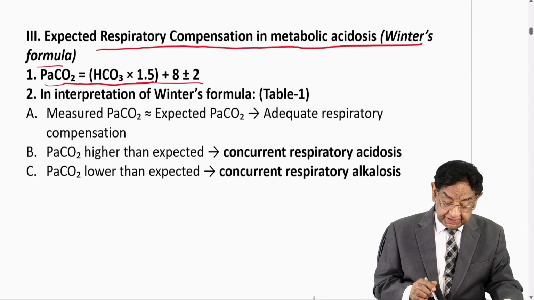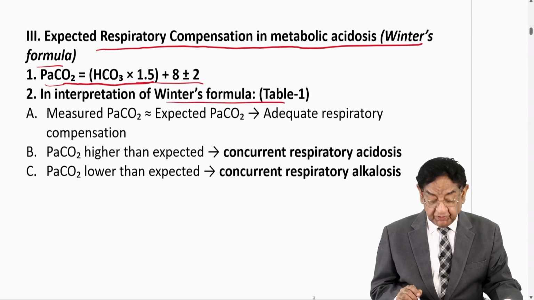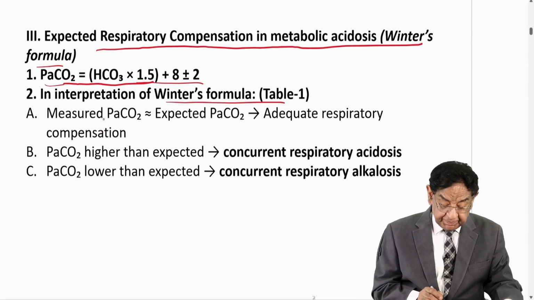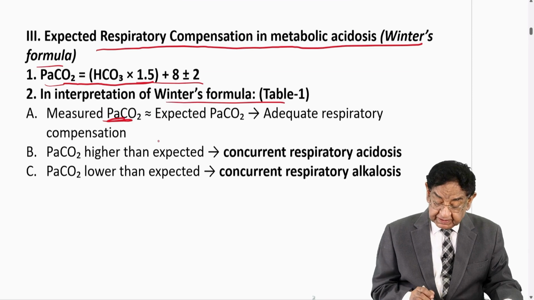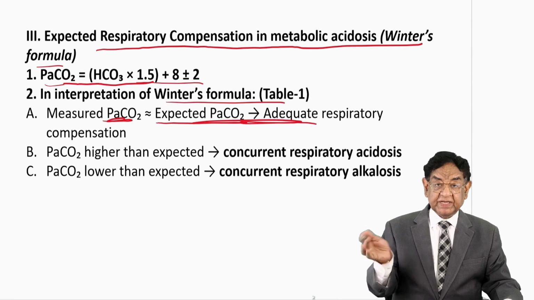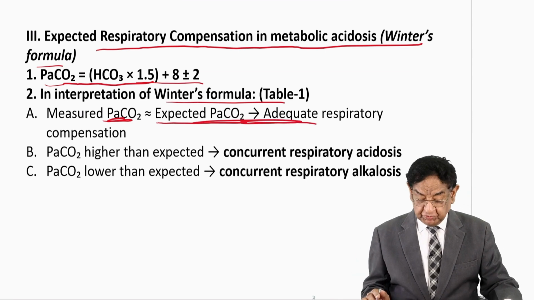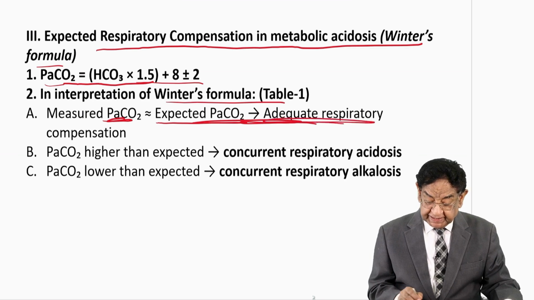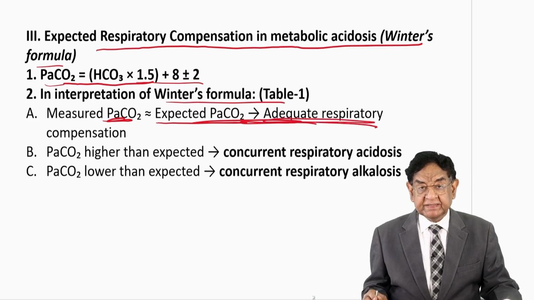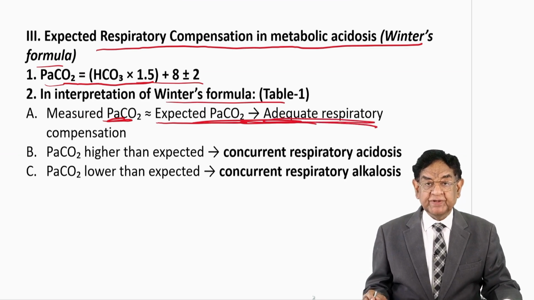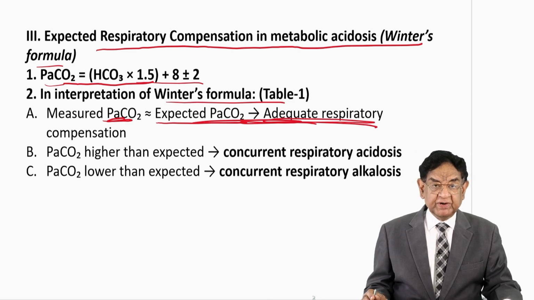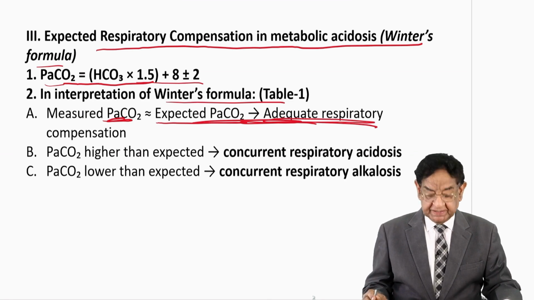So interpretation of the Winter formula is as follows. If measured PaCO2 is within the range of expected CO2, we call it adequately compensated, as in the previous slide, 24 was between 21 and 25, adequately compensated.